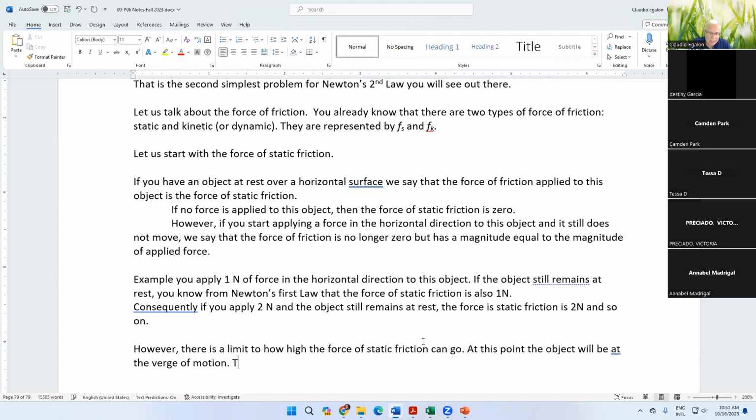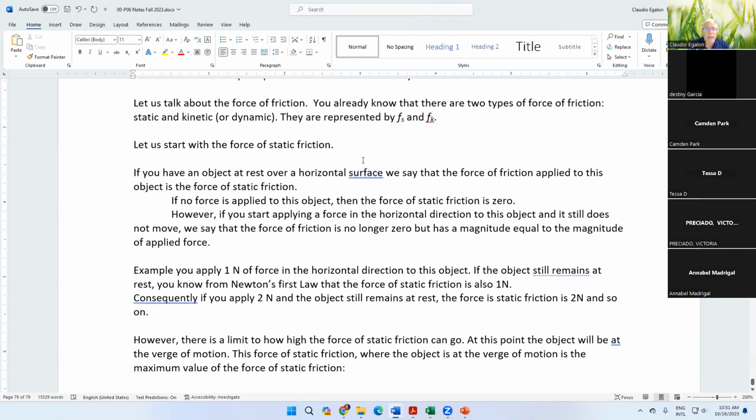This force of static friction, where the object is at the verge of motion, is the maximum value of the force of static friction. Okay.